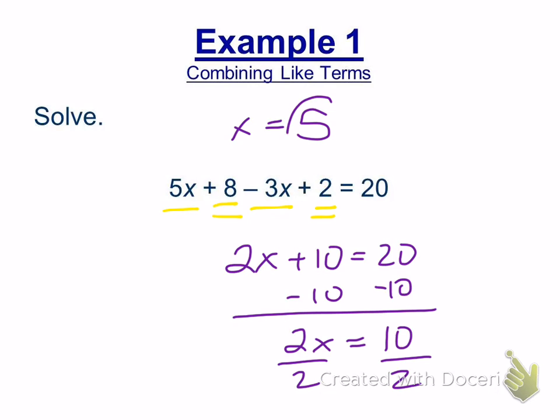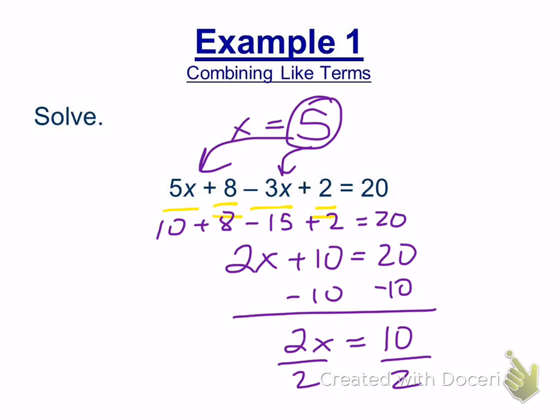Plug 5 into your x values, and if we plug those in, we get 10 plus 8 minus 15 plus 2 equals 20. So 10 plus 8 is 18, minus 15 is 3, plus 2 is 5.